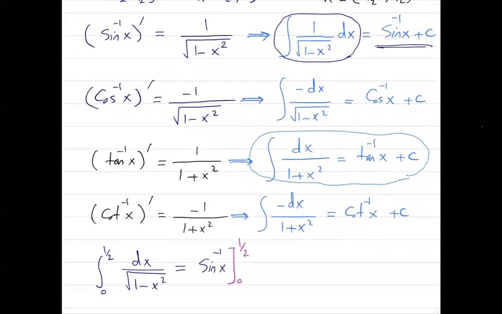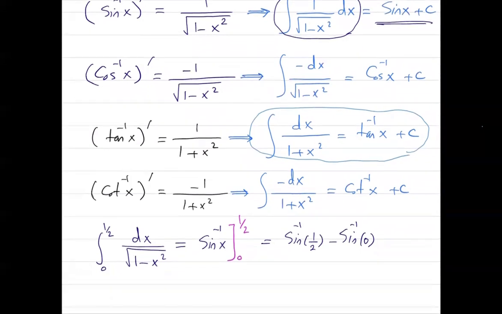0 to a half. This in turn can be written as inverse sine of a half minus inverse sine of 0. Now we need to go back to pre-calculus and find the angle that gives us a half when we plug it into the sine function.